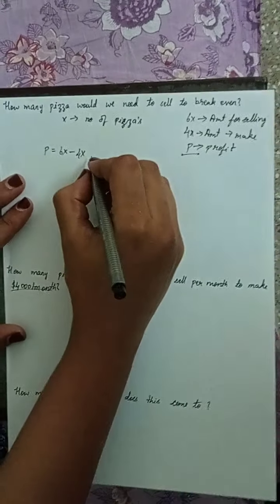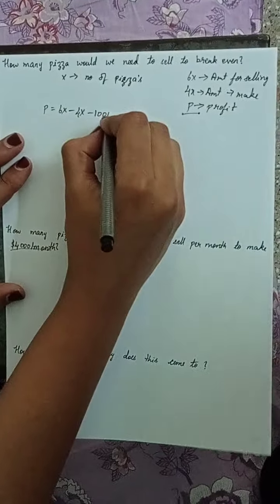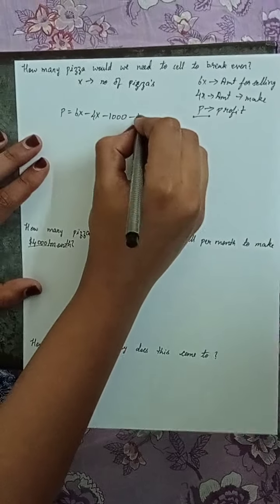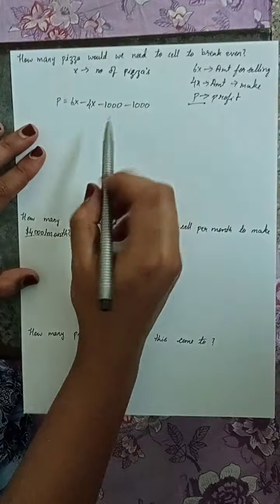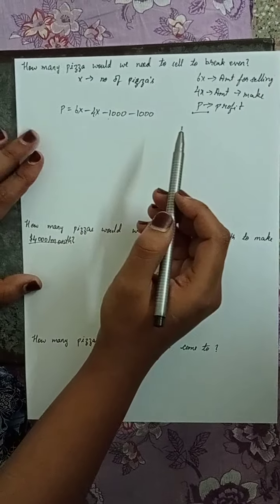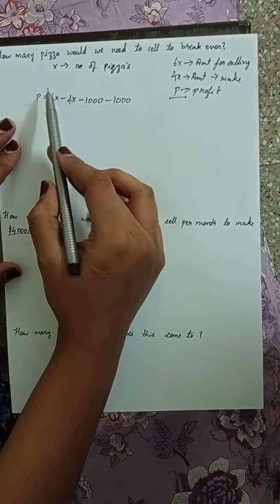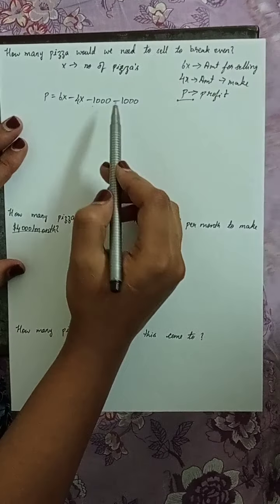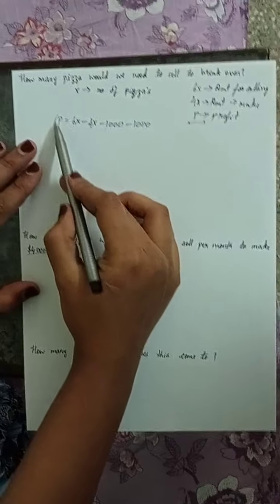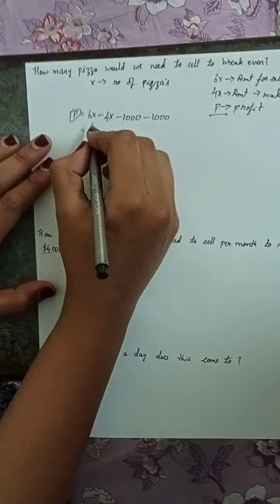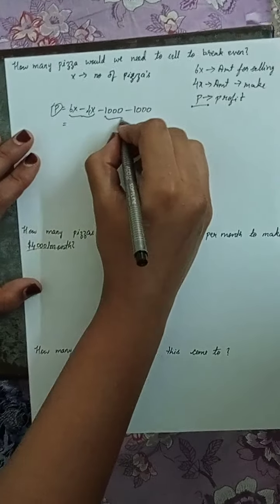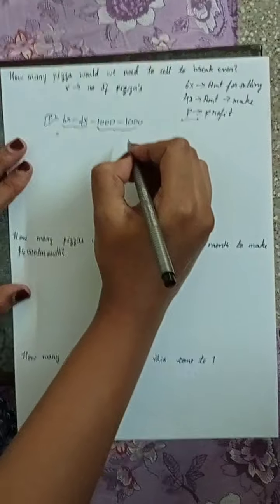Then I'll subtract 1000, that is the building rent, and I'll subtract 1000, that is the employee rent. Now why am I subtracting the building rent and employee rent? Because the amount that I'll be giving for the employee as well as the building will be going from this profit itself.